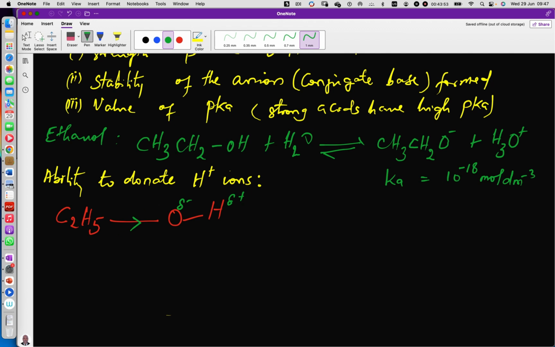Then another factor to see why ethanol is the weakest acid is the stability of the conjugate base, that is the ethoxide ion that is formed.